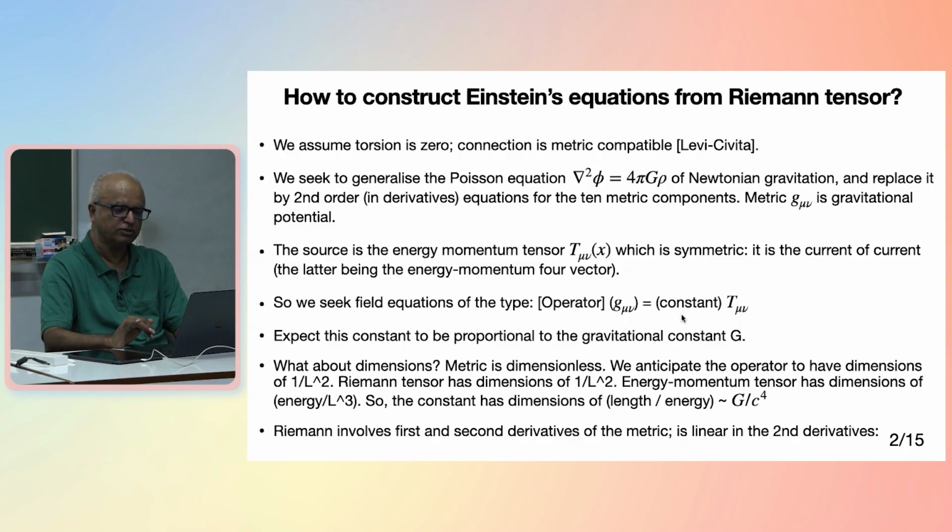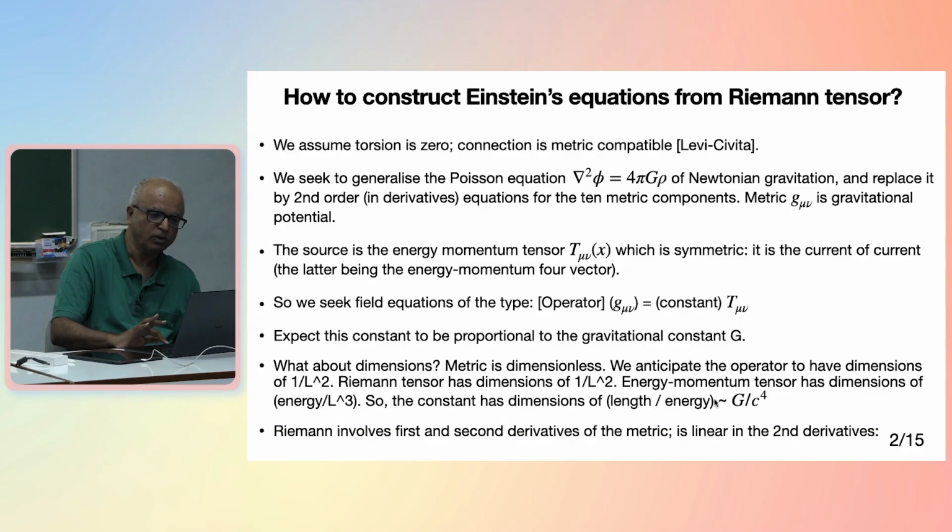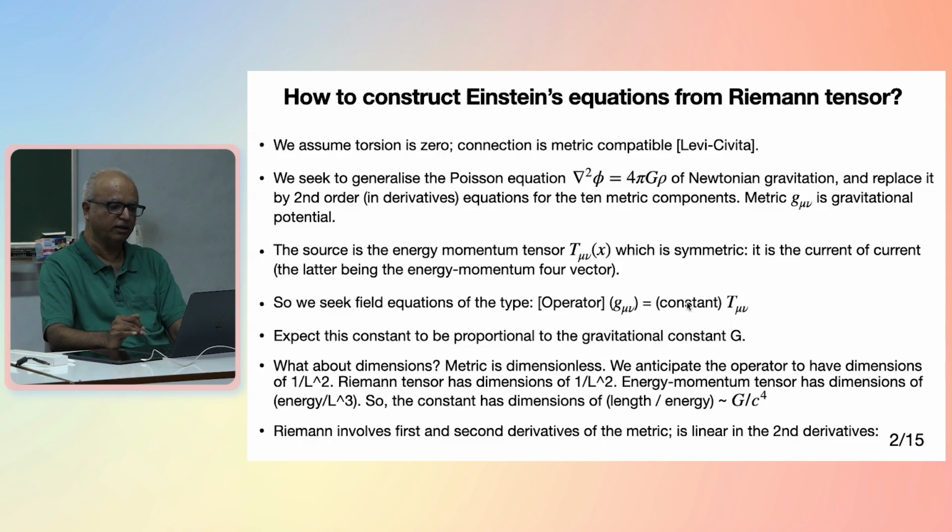It should be length over energy, right? Because this is energy over length cubed times length over energy. Energy cancels, and this would give you 1 over length squared. So this constant has dimensions of length over energy.